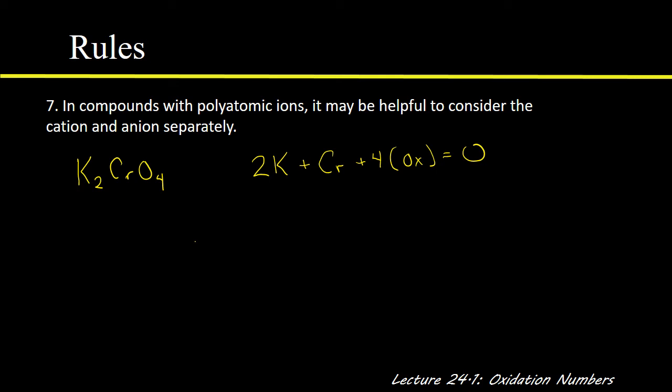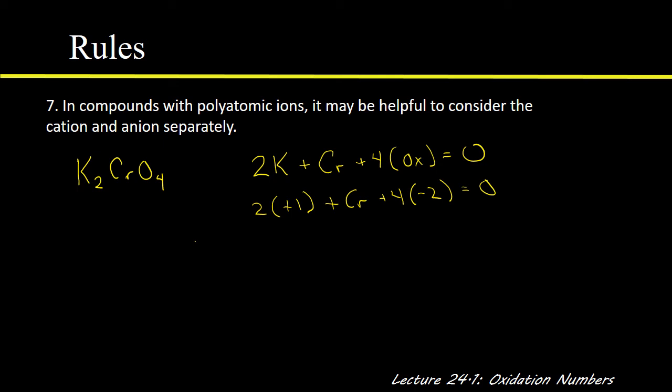Potassium is always going to be +1. Chromium we don't know. And oxygen is the most electronegative, so it gets its preferred anionic charge, which is -2, and the whole thing is equal to 0 because it's a neutral molecule.